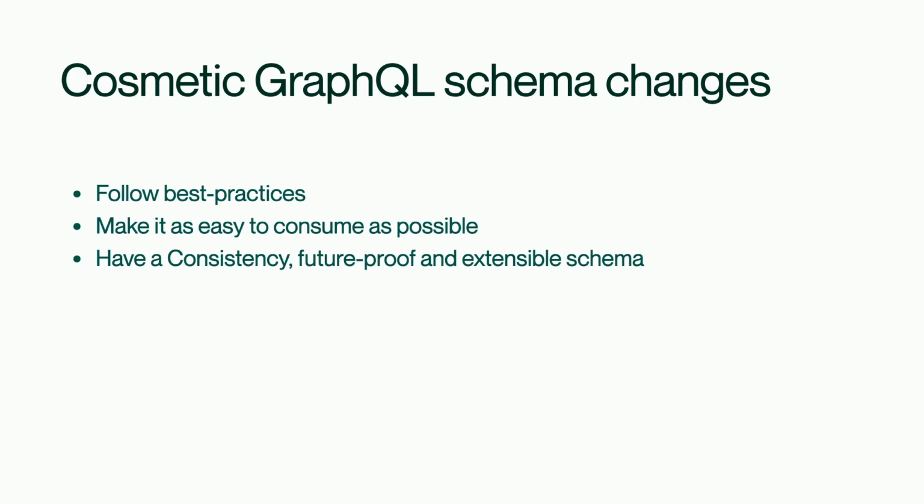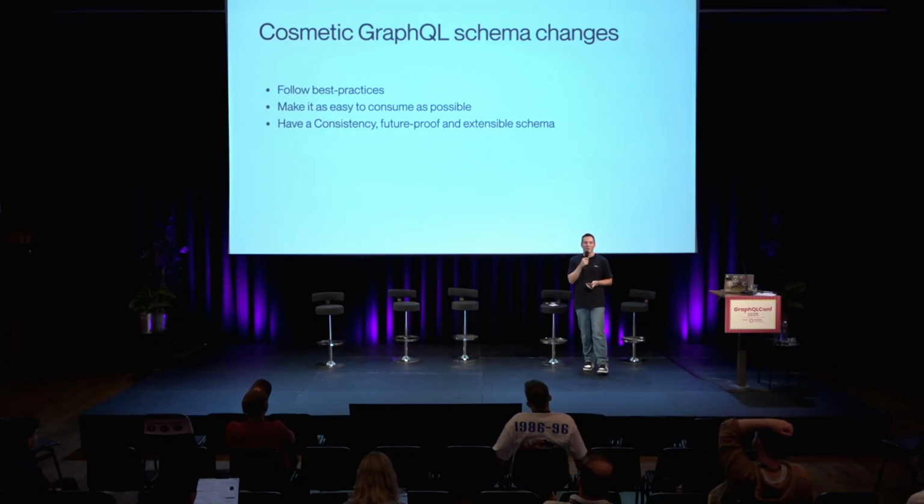On top of that, we also wanted to do some cosmetic GraphQL schema changes in order to follow some best practices, clean up some past mess, and have something consistent and future-proof that is as extensible as possible for us.